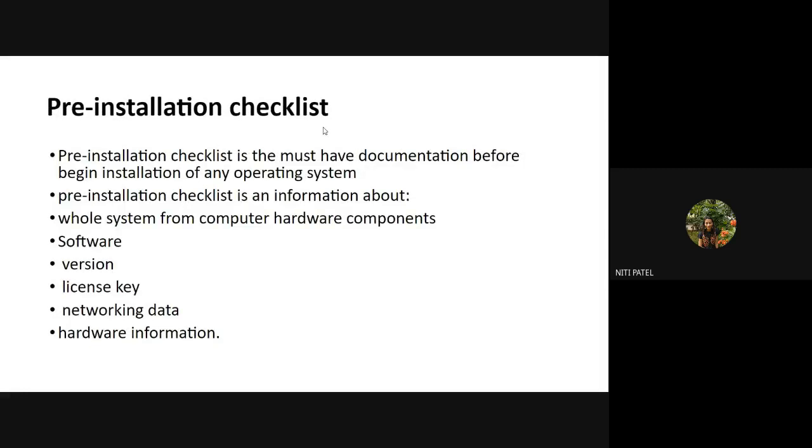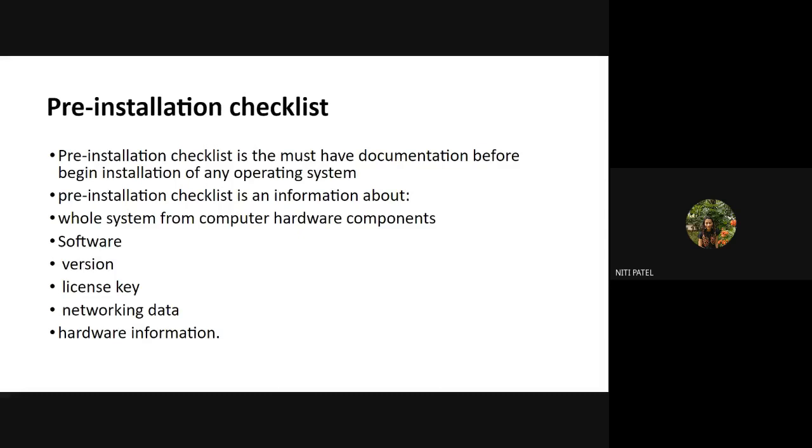So now what do we have? A pre-installation checklist is must-have documentation before we begin to install an operating system. As I said, even if it is an operating system, I should have some kind of checklist with me. What kind of information will a pre-installation checklist have?